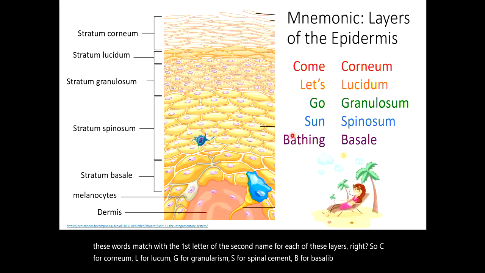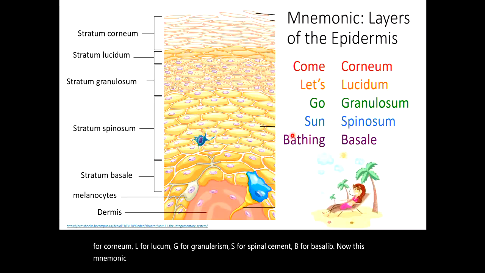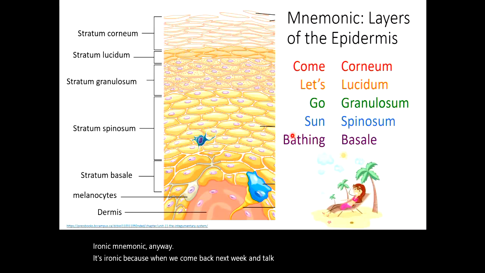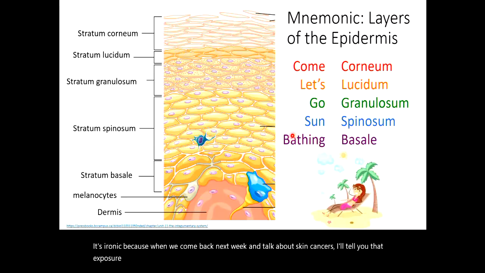Now this mnemonic is kind of ironic because, man, that rhymed. Ironic mnemonic. Anyway, it's ironic because when we come back next week and talk about skin cancers, I'll tell you that exposure to sun in an unprotected manner is one of the reasons for melanoma and for increased risk of skin cancer.